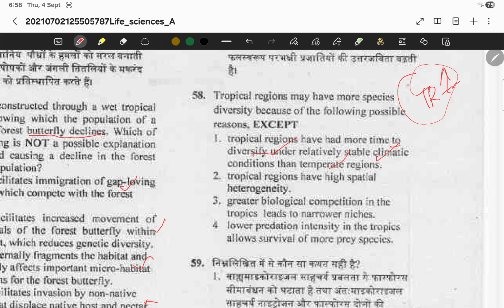Okay, then temperate regions, good. Tropical regions have high spatial heterogeneity. What the fuck? Greater biological competition in the tropics lead to narrower niches. No. Lower predation intensifies. Okay, so we'll go for number 3 here, but I am not sure.